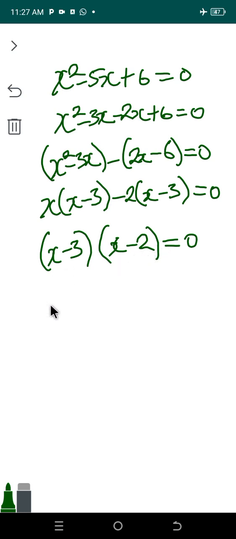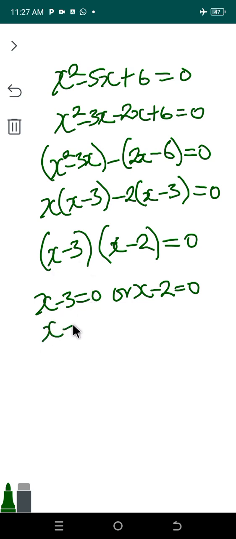So if one of the numbers is 0, we are going to express it as x minus 3 is equal to 0, or x minus 2 is equal to 0. So now for us to know the value of x, we are going to take this across the equality sign, and x will be equal to 3, or x will be equal to 2.